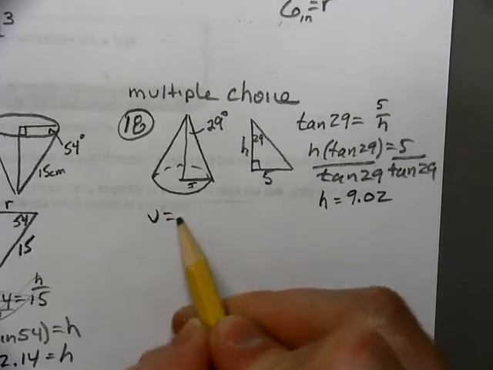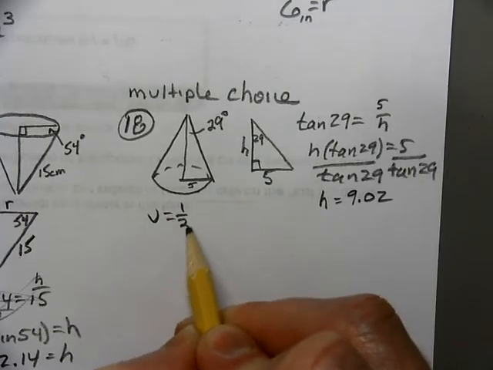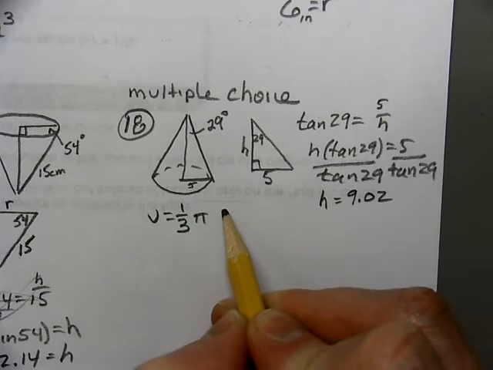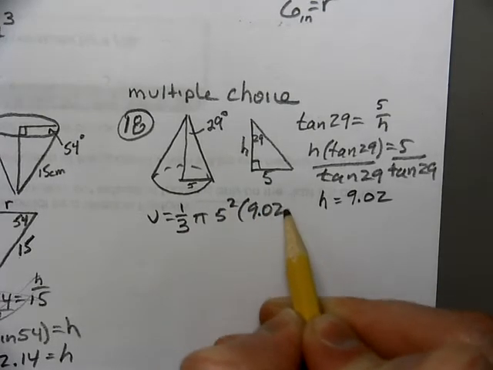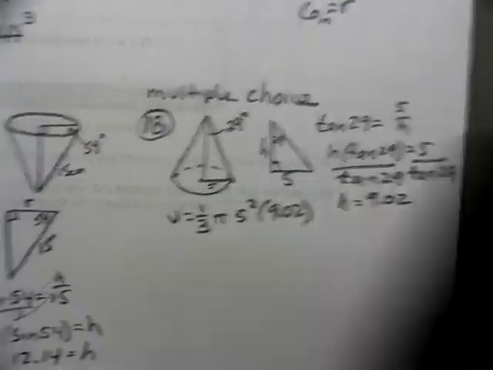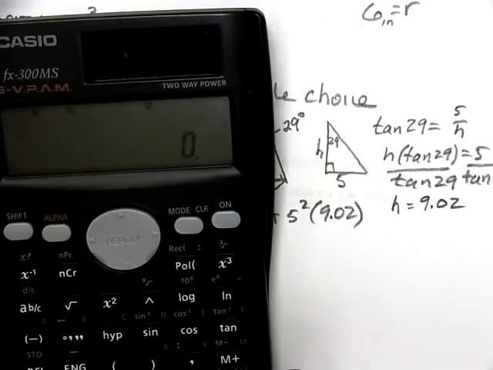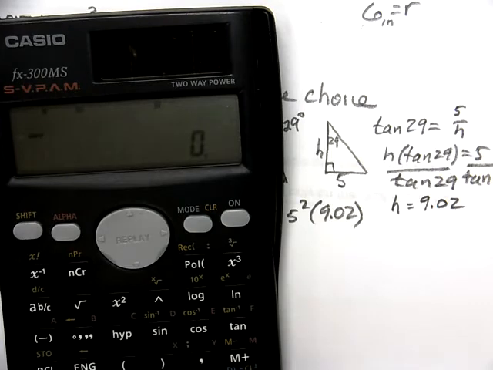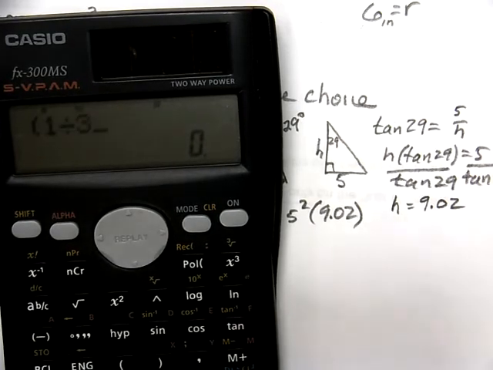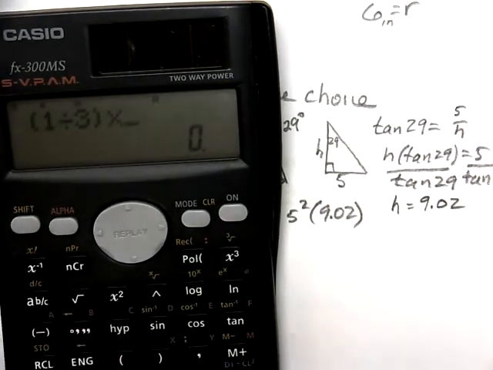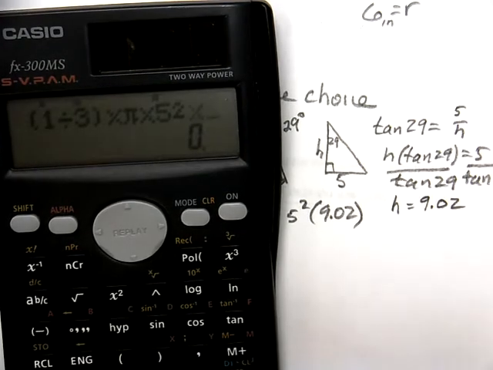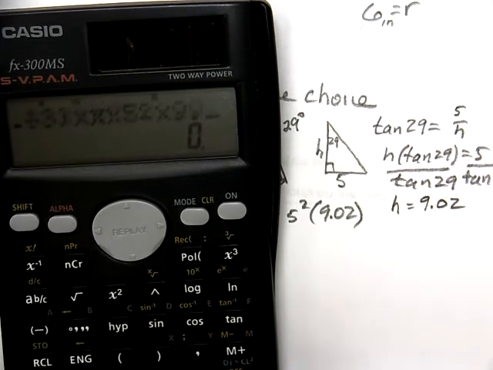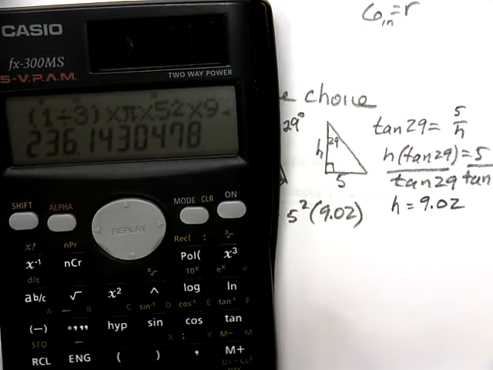So now we can figure out the volume. So we know that we have 1/3 times pi r squared times the height.